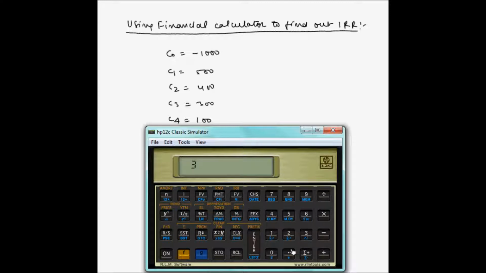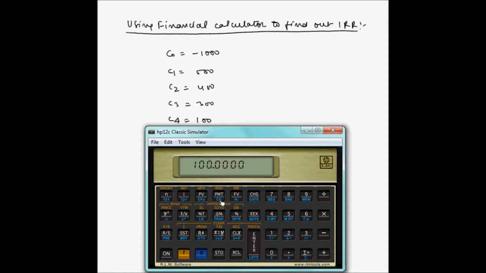Then 300, G and CFJ, then 100, G and then CFJ. So now we have entered all the cash flows, and now we have to find out the IRR.